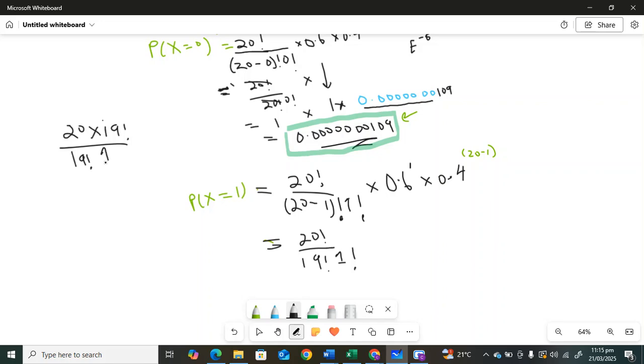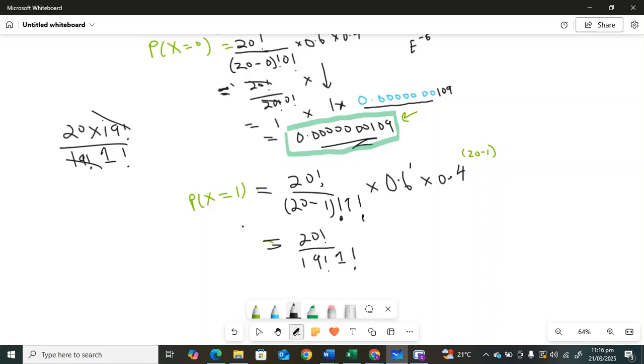Okay, colleagues? You don't need to write everything down. If you see a 19 factorial down here, just write 20, then end on 19 factorial so that these 19s cancel each other out. 1 factorial is 1. 20 divided by 1, you get 20. You don't need to write from 20 up to 1.